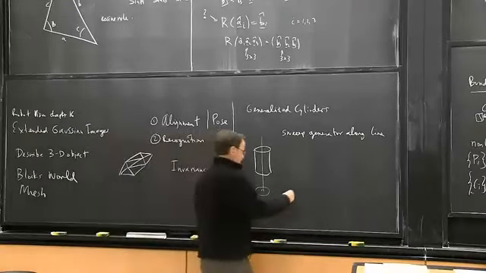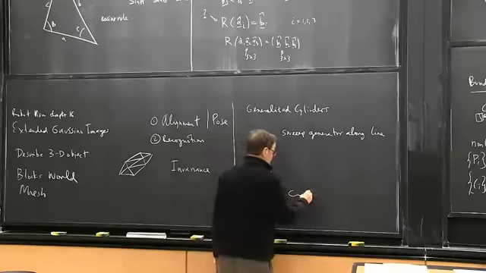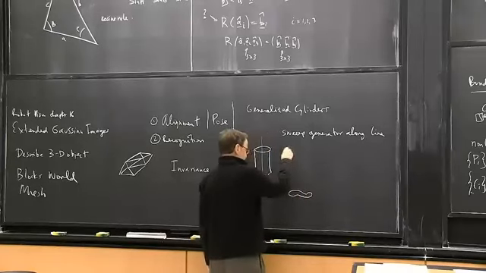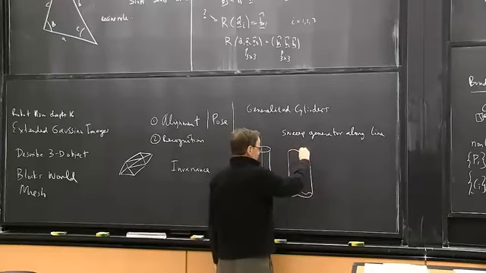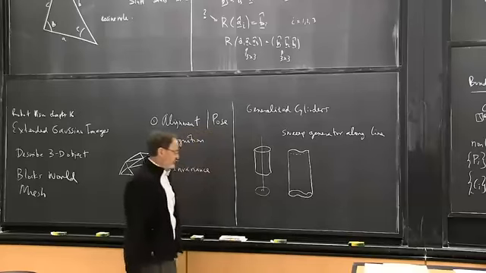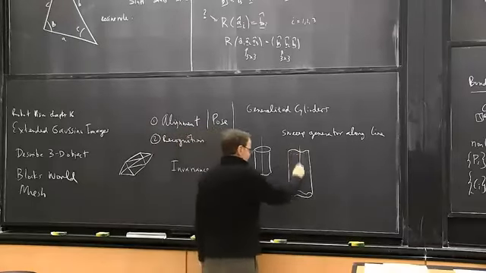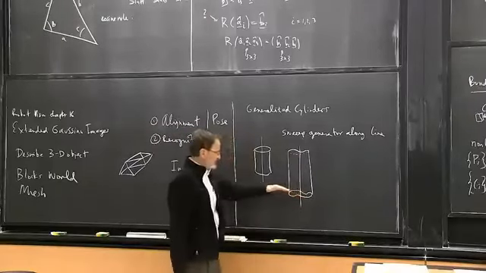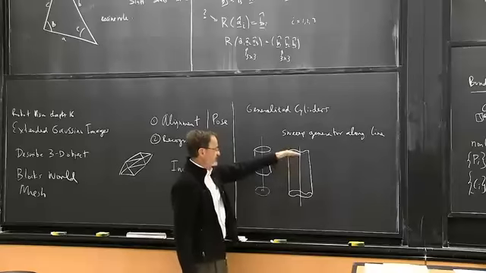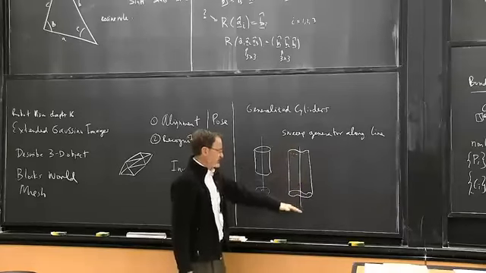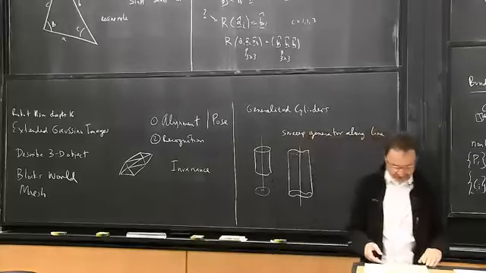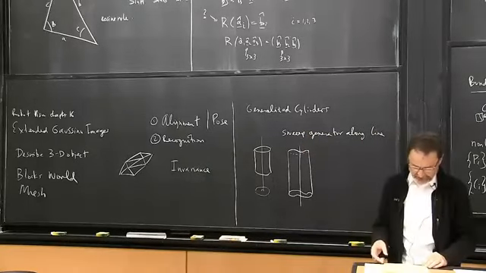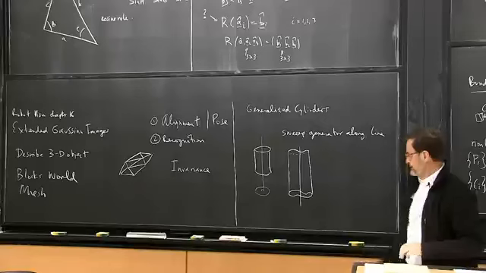And we can generalize it a little bit by changing the shape of our generator. And now we can generate more complicated shapes. But they still have the property that the cross-section anywhere is the same, if I cut it perpendicular to the axis anywhere along the length, and I guess the mathematical definition of cylinder allows for that version.